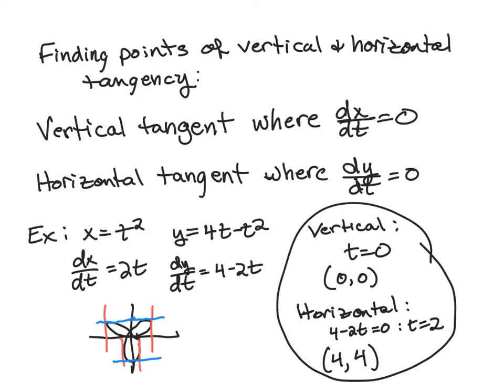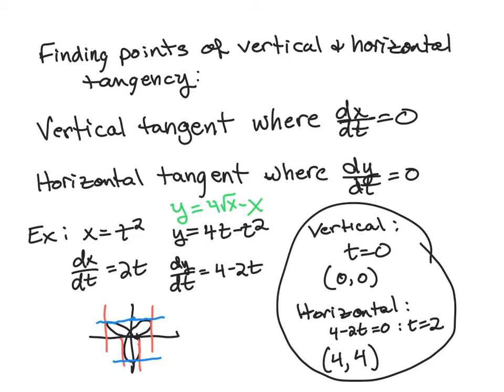Now, this particular problem is not this, okay? So this particular problem that's written down right here, if you eliminate that parameter, t squared equals x, so y equals 4 root x minus x, which is not so pretty, huh?